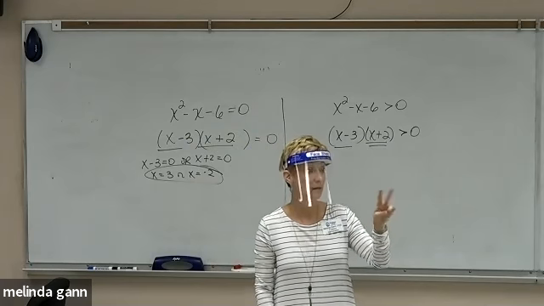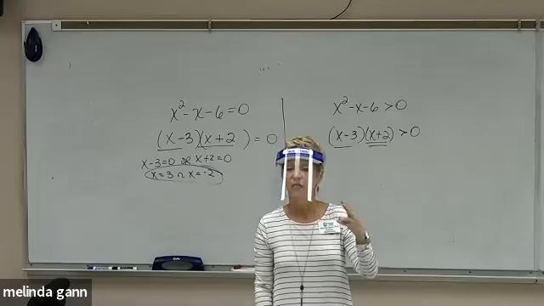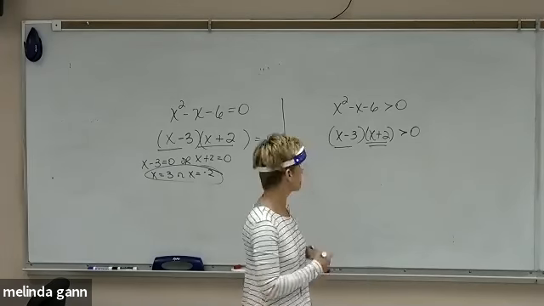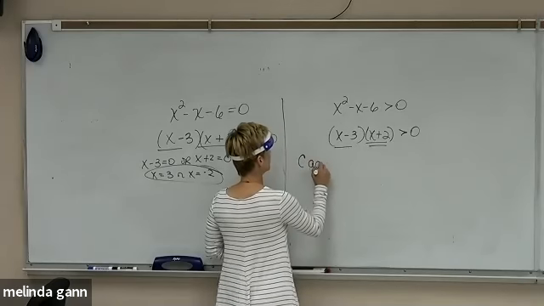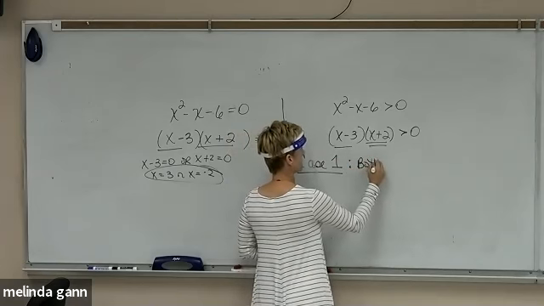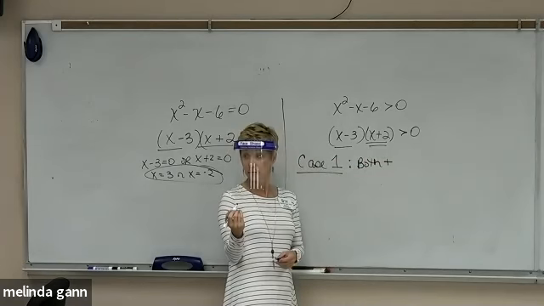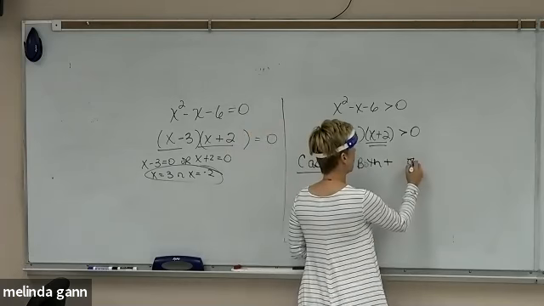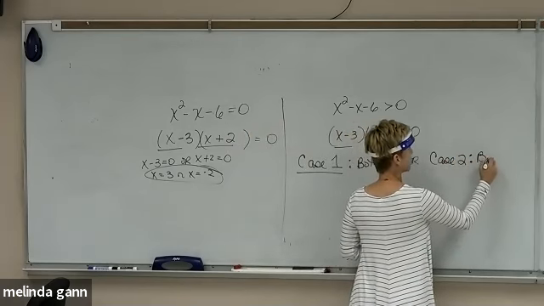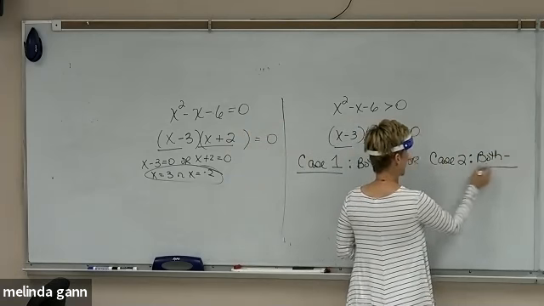There's 2 possibilities. Now, the fancy word in math for possibility is case. All right? Possibility number 1, they're both positive. Or possibility number 2, what did you tell me? They were both what? Negative.